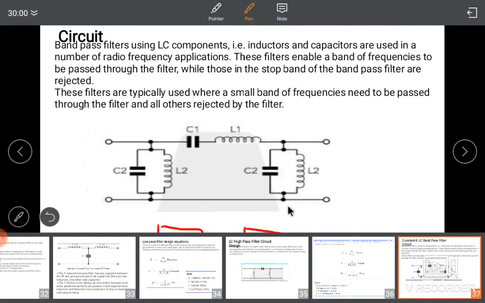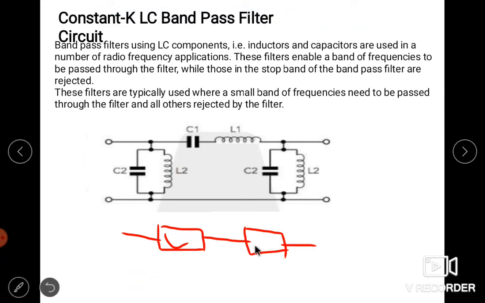This is LP and this is the HP, and this is the LP and this is the high pass filter.